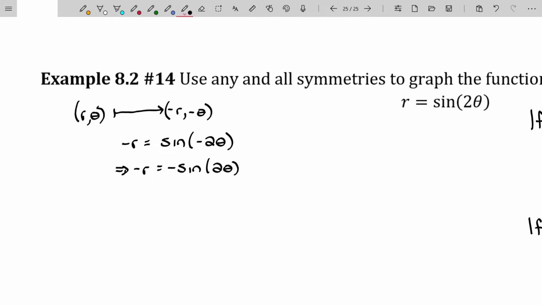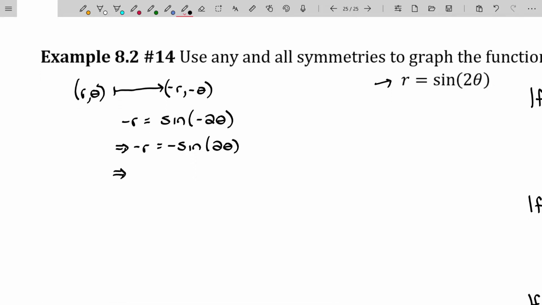Now I want to solve it for r, so at least I can compare those two equations. Multiplying both sides by a negative, you would get r is equal to sine of 2 theta. And that is awesome, because now we have that our curve is symmetric about that vertical line theta equals pi over 2.